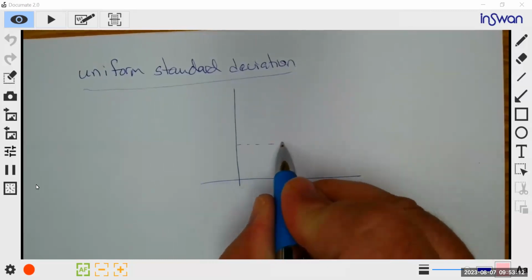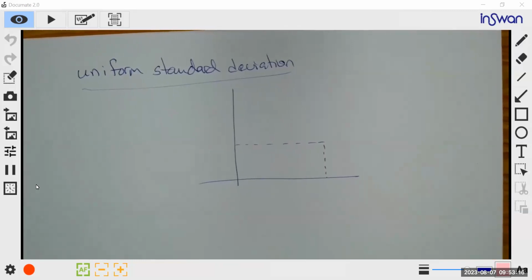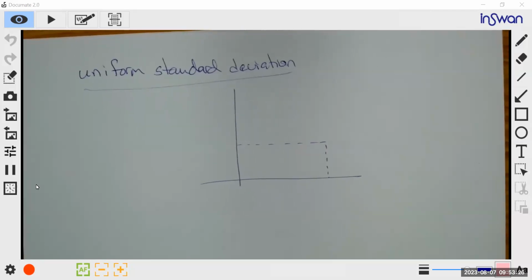We use a rectangle. And this one goes back to the days of algebra. What formula can you tell me about a rectangle?